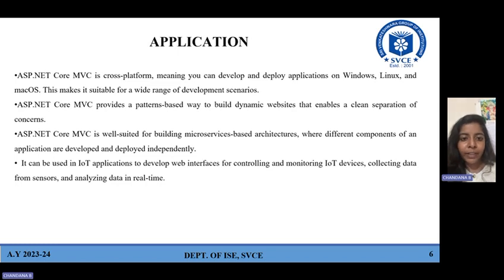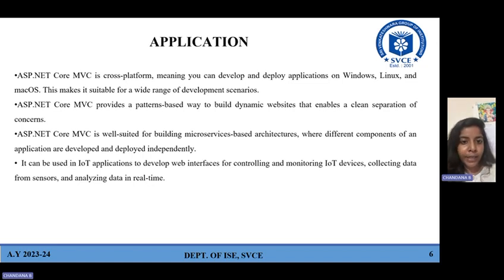ASP.NET Core MVC provides a pattern-based way to build dynamic websites that enables clean separation of concerns, which I already told you about: a website can be built with separate parts that can be stored cleanly and arranged.